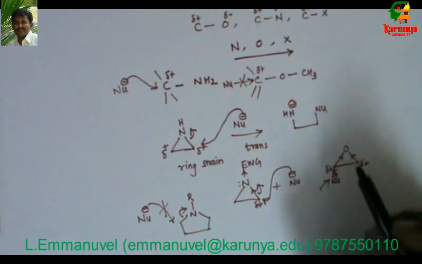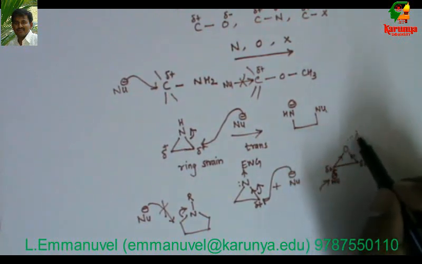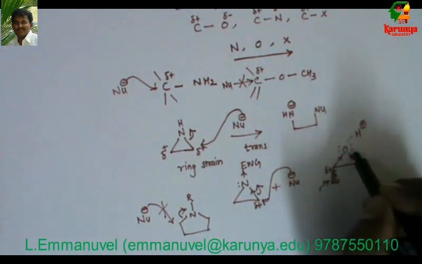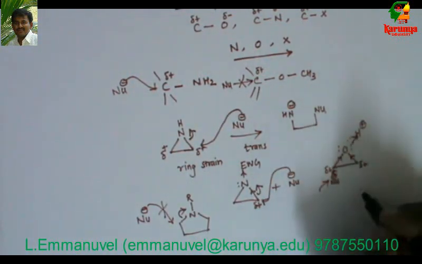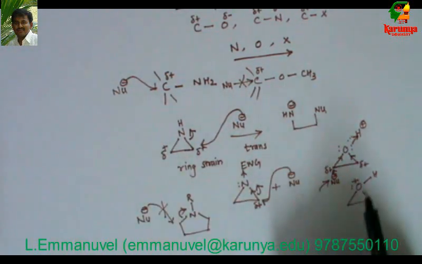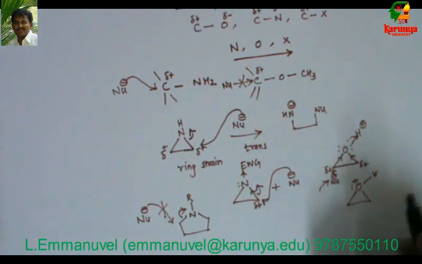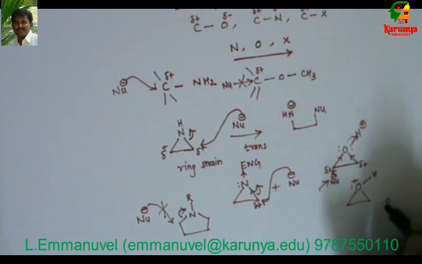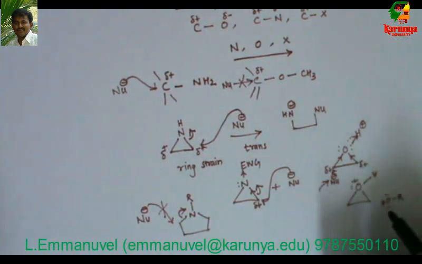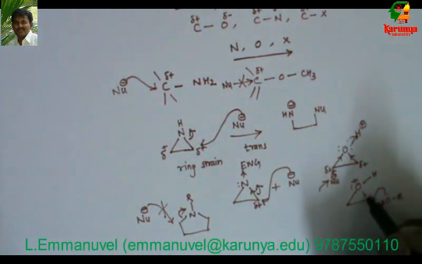In this case, if you add some acid, then the lone pair of electrons will attack here and we get a positive charge on this. Because of this positive charge, the reaction will be more facile. Even a weaker nucleophile like alcohol or amine or even halogen can attack this.